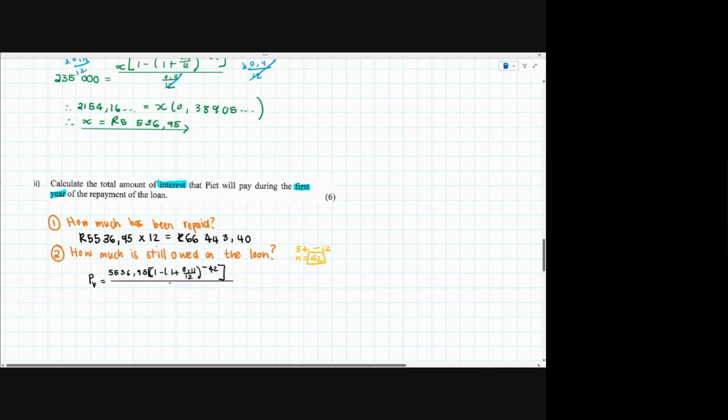We still need to make 42 payments. And this tells me that I still owe on my loan 192,296 Rand 20 cents. So of that original loan amount, of that 235,000 Rand, I still owe 192,296 Rand. Now that's important to know how much we still owe because now we can work out how much have we actually paid off.